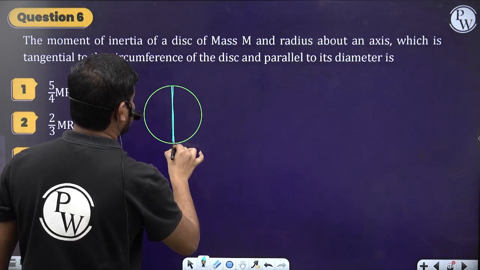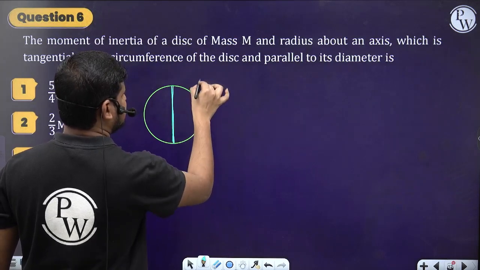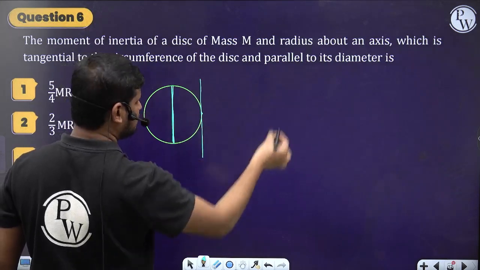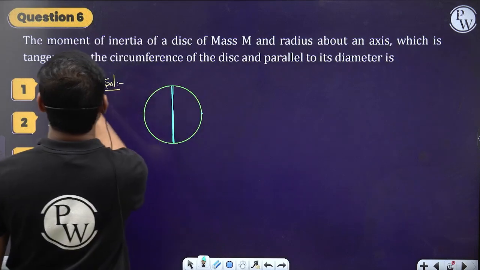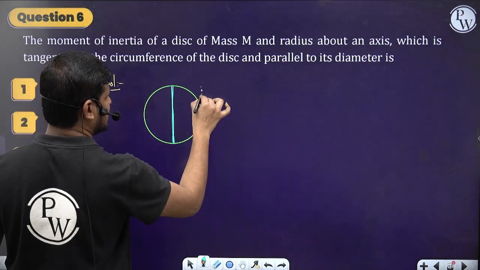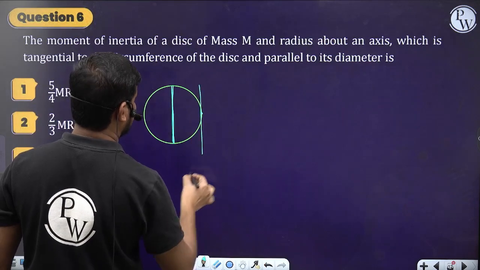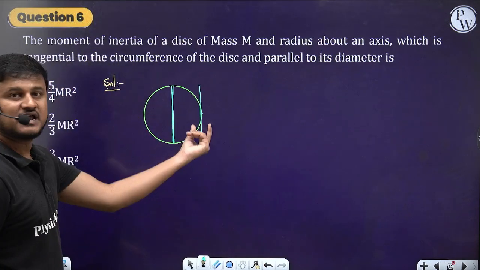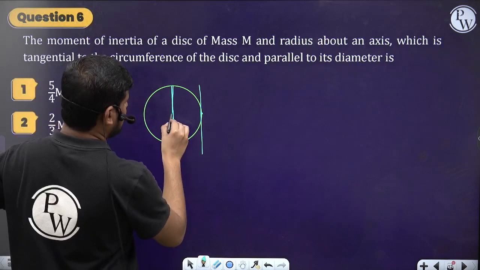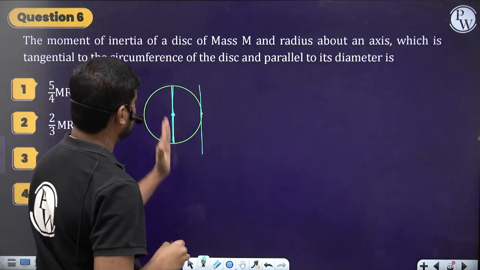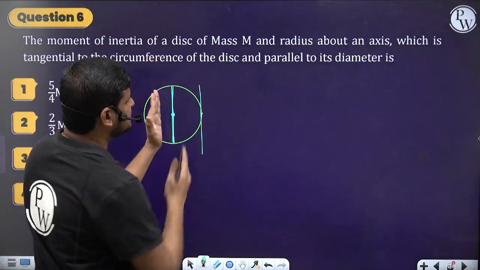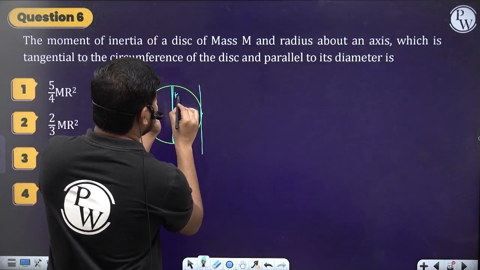Now I need an axis tangential and parallel to its diameter. Tangential to the circumference, this is the circumference, and parallel to the diameter. I know about its diametric axis already. Now I need it here. So this distance will be r.